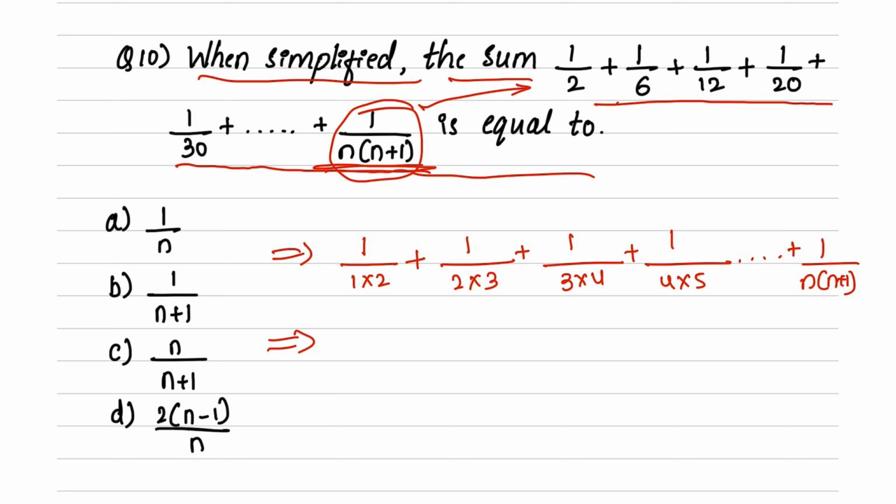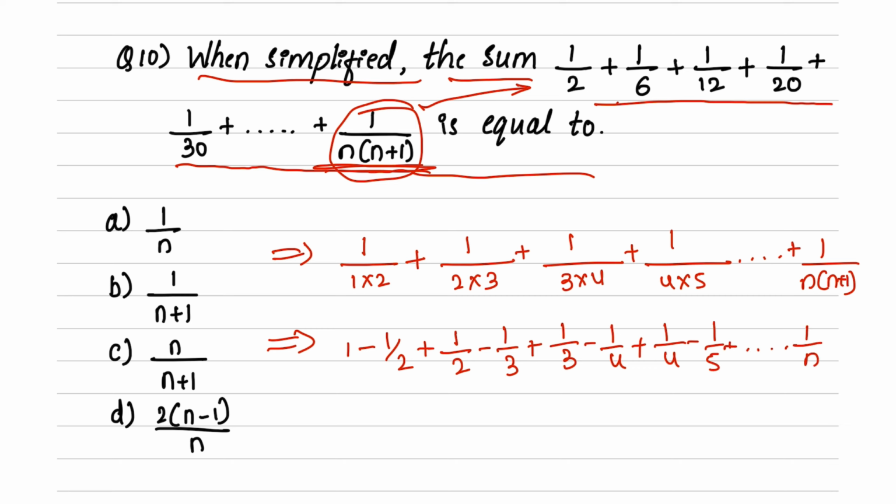Now this one we can write as 1 minus 1 by 2, because 2 ones are 2, 2 minus 1 will be 1, and finally we get 1 by 2. So this one also we can write as 1 by 2 minus 1 by 3, plus 1 by 3 minus 1 by 4, like that 1 by 4 minus 1 by 5, and so on till 1 by n minus 1 by n plus 1.